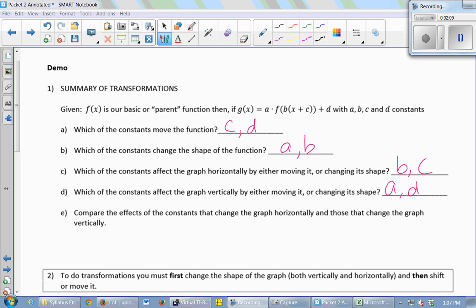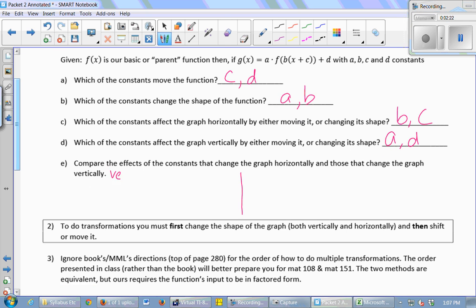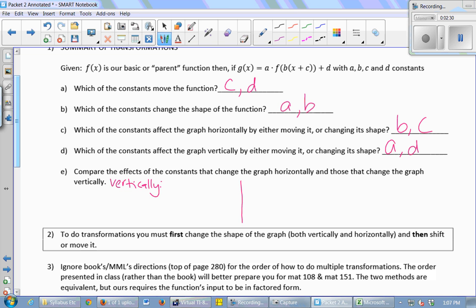Okay. So we want to compare the effects of constants that change the graph horizontally to those that change the graph vertically. So vertically, we're A and D, right? So those things change the graph exactly as you'd expect, right? D shifts it up and down, and when D is positive, it goes up, and when D is negative, it goes down.